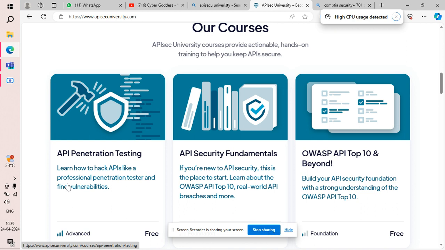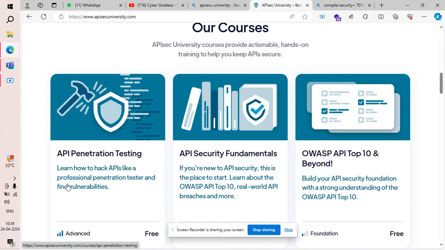Vulnerabilities in APIs can lead to serious security issues such as data breaches, unauthorized access, and so on. By thoroughly testing APIs, bug bounty hunters can uncover vulnerabilities that could be exploited by attackers, helping companies improve their security posture and protect their users' data.